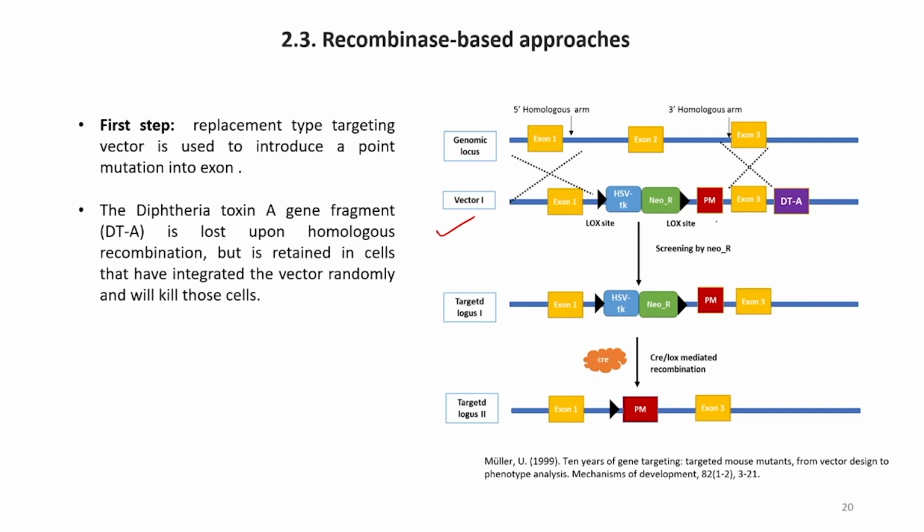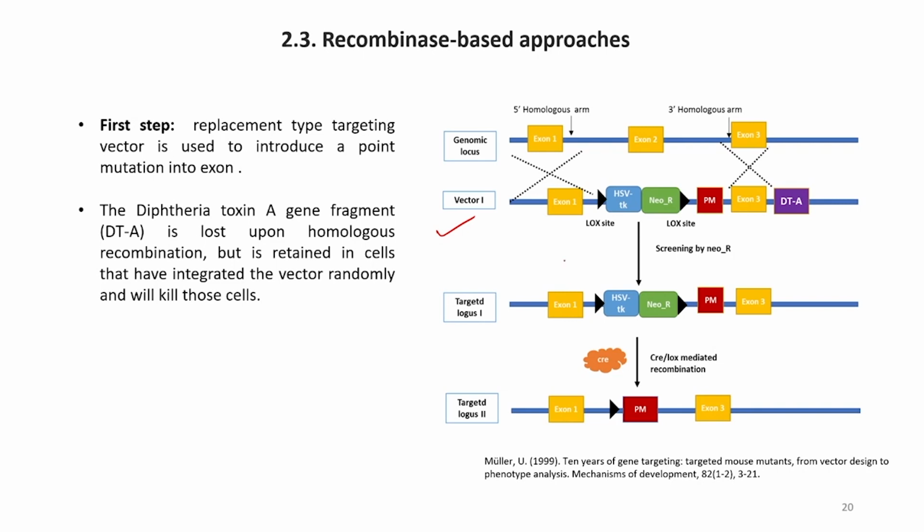You also have here one point mutation, and you have a diphtheria toxin gene A here, okay, and this is the map of the genomic locus that we are targeting with 3 exons and 2 homology arms. So, in the first step, the replacement type targeting vector is used to introduce a point mutation into the exon.